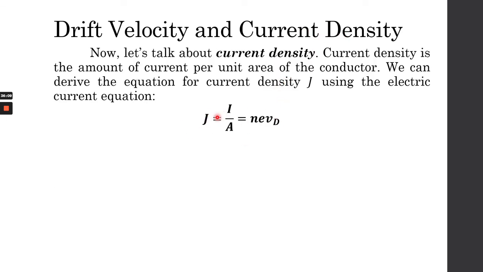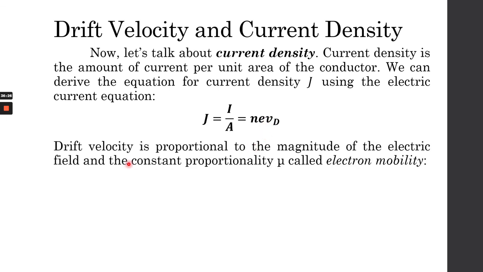So the current density is equal to our current divided by the area, which is basically equal to the number density, or the electrons per cubic meter, multiplied by the charge of a single electron, multiplied by the drift velocity. Drift velocity is proportional to the magnitude of the electric field E, with a constant of proportionality mu called electron mobility.